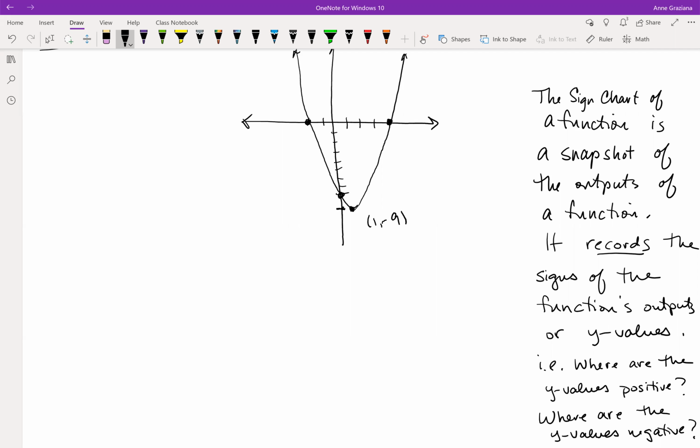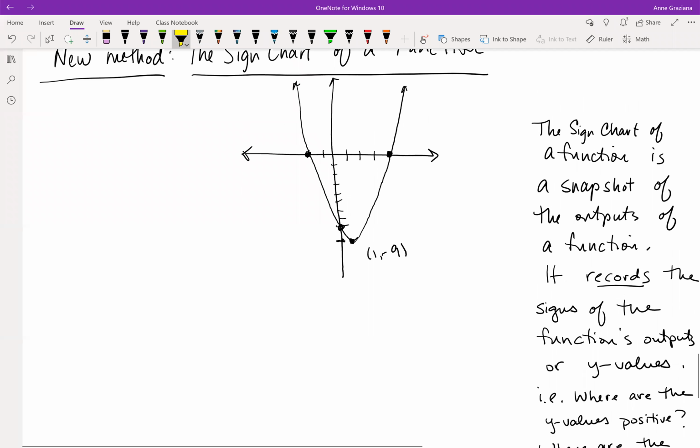So when I look at this function here, where are my y values going to be positive? Well, if we look at the graph here, they're positive when they're above the x-axis. Does everybody see that?